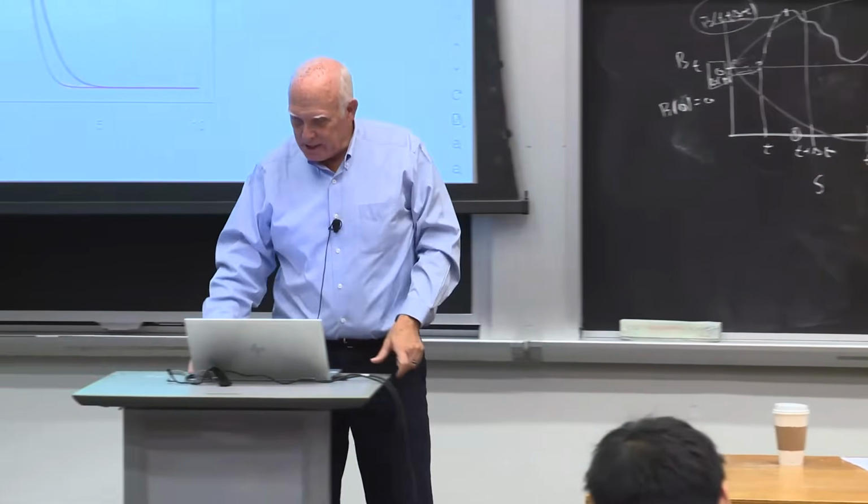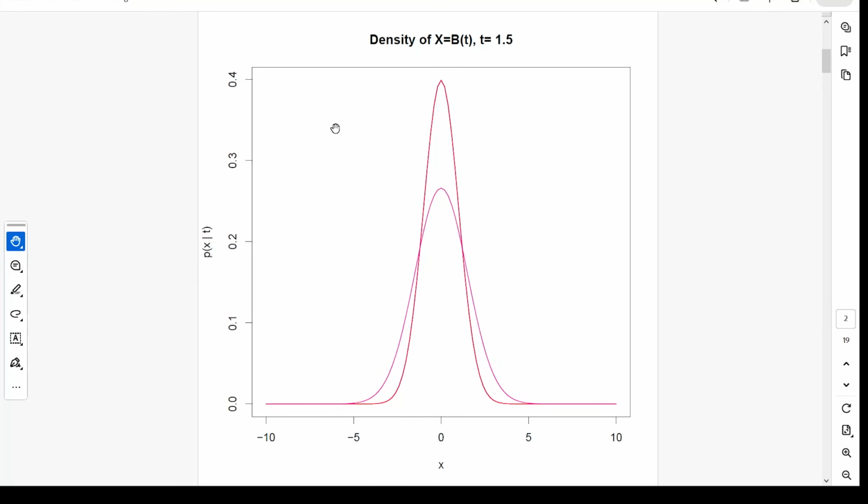So if we increase the time from 1 to 2 to 3 or 2.5 here, you can see how it's basically dropping in the middle of the distribution and it's rising on the other side.